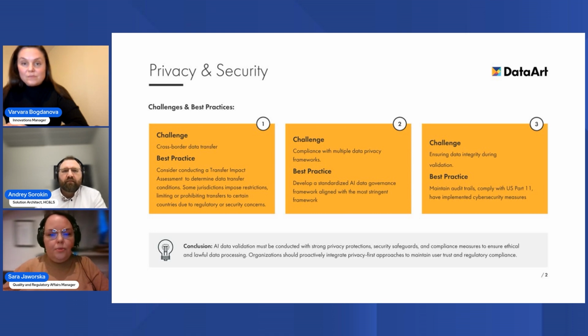That doubles the effort, makes operations prone to error, and also makes it very difficult to maintain this variety of documents and procedures. So GDPR, for example, sets a very high standard for data protection. So aligning with it globally could simplify your operations.